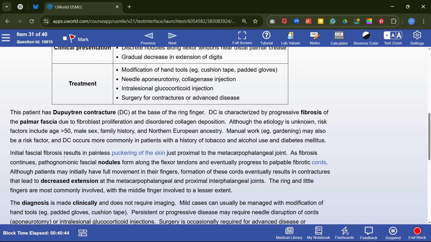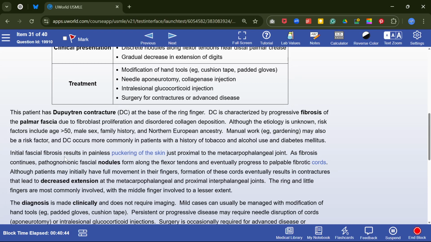Initial fascial fibrosis presents as painless puckering of the skin just proximal to the metacarpophalangeal joint. As fibrosis continues, a pathognomonic fascial nodule forms along the flexor tendons and eventually progresses to a palpable fibrotic cord.